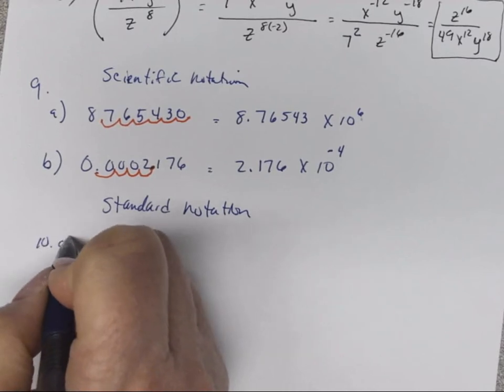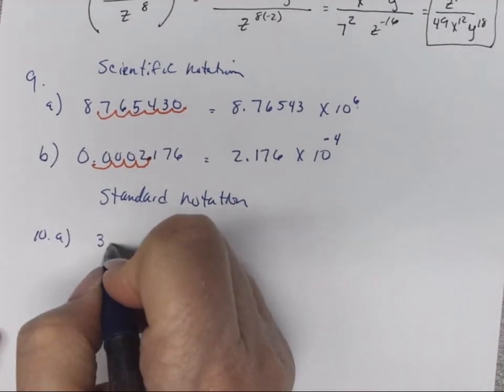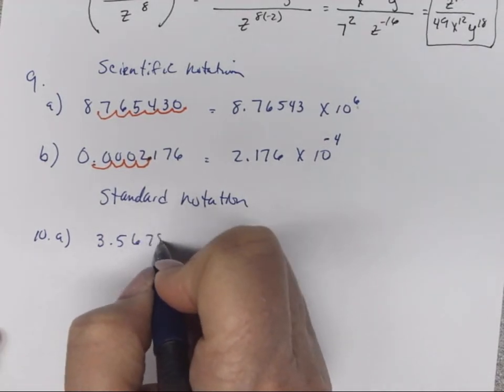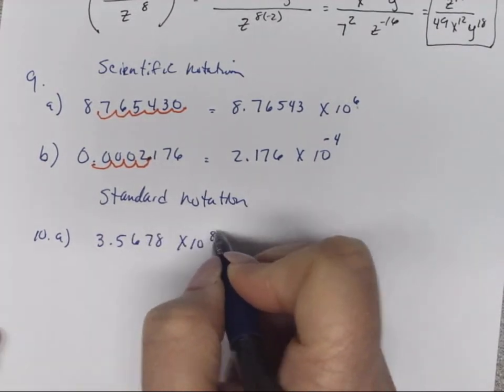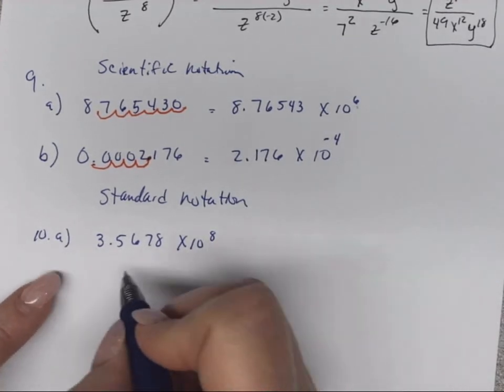So let's look at this example. So the first one we have is 3.5678 times 10 to the 8. This tells me, because it's a positive, this is going to be a big number.